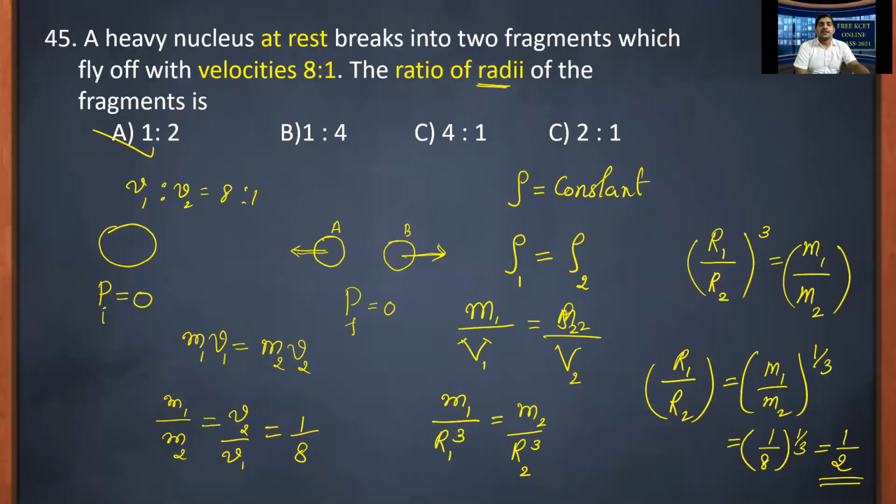See? So if the first part flies with a velocity 8 times that of the second one, the size of the second one will be twice the size of the first one. So the higher the volume, the lesser the speed; the lesser the volume, the higher the speed. So here the ratio comes to be 1 by 2: the velocity ratio is 8:1 and the radii ratio is 1:2.